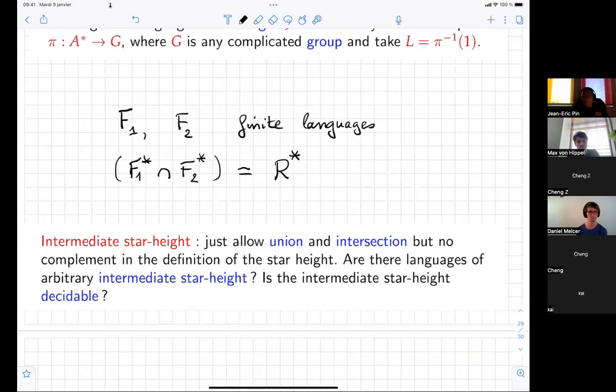We don't know whether there are languages of arbitrary intermediate star height, or whether it's decidable. This is unfortunately a still wide open problem. We have seen we tried to push in various directions involving algebra, topology, even logic. There were some tries I didn't mention, but the problem, unfortunately or fortunately, is still open.